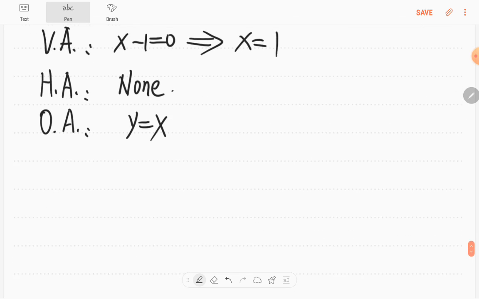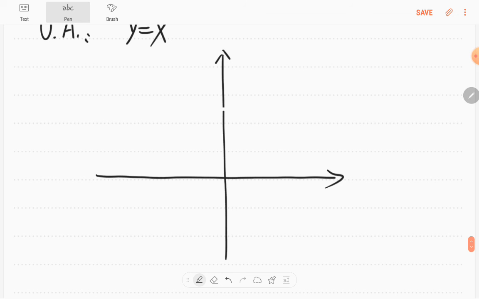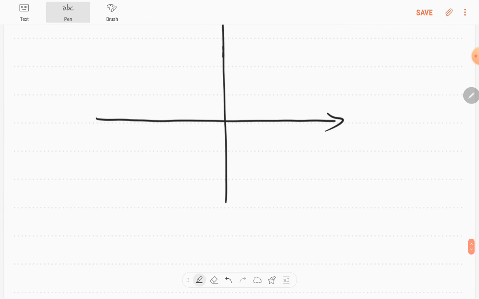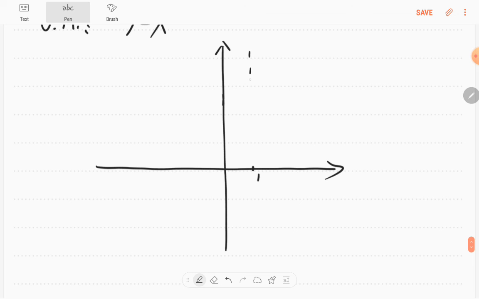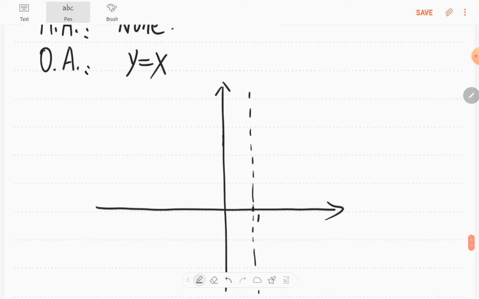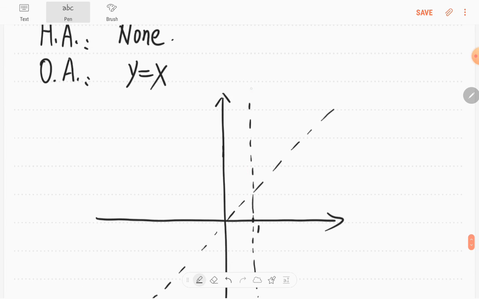So for our graph, the first thing is to locate the asymptotes. Vertical asymptote, x equals 1. 1 is here, for example. And the oblique asymptote, the line y equals x.